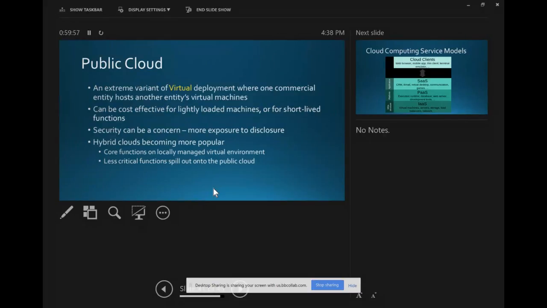What's becoming more and more popular is something called a hybrid cloud, where the core functions you keep on a locally managed virtual environment, and less critical functions you let spill out onto the public cloud. Some people call this the elastic cloud, where as your loading goes up, you start pushing functions out onto Amazon or Google, and then when your loading lightens up, you shut down those machines and bring them back into your local environment.